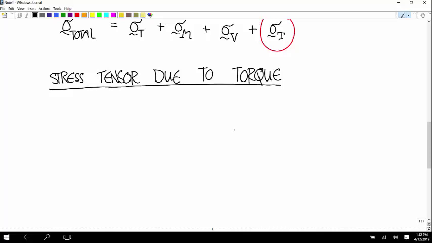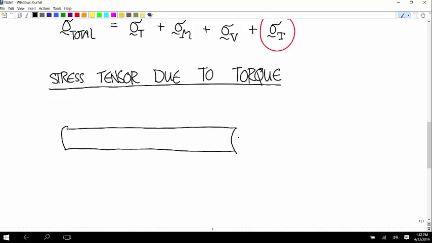So let's think about a beam with a circular cross section to start with. Okay, there's the coordinate system we're using.